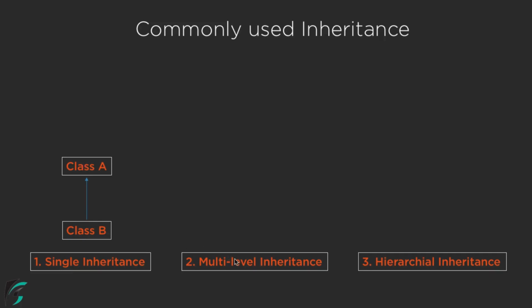In case of multi-level inheritance we have class C which inherits from class B and this B in return inherits from class A. So in case of multi-level inheritance you notice we have multiple levels of classes like this. So this class C will get all the properties of class B and class A indirectly. And this class B will only get the properties present in the class A.